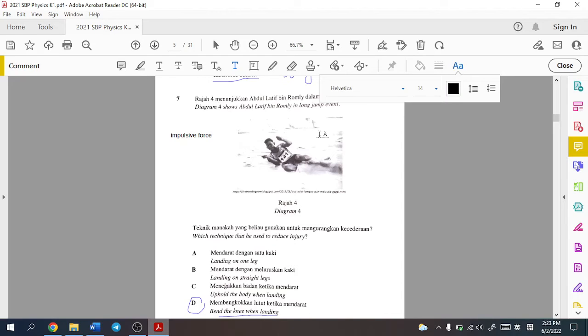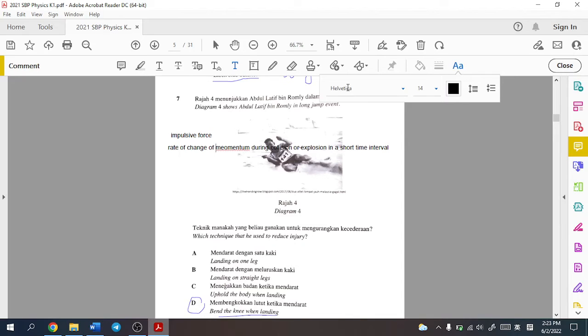Just a revision here. You need to memorize the definition of impulsive force because this definition comes out quite frequently in your exam. It is the rate of change of momentum during collision or explosion in a short time interval.